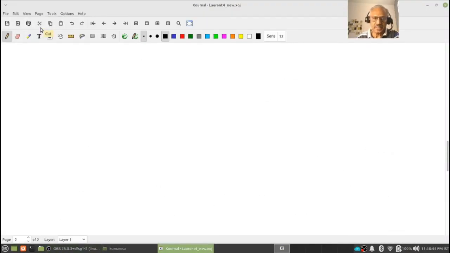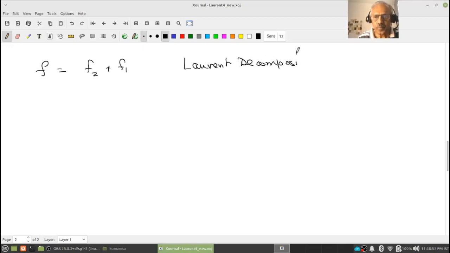First, notice that whenever I have a function f, how do you remember the Laurent decomposition? So what is the Laurent decomposition for this?